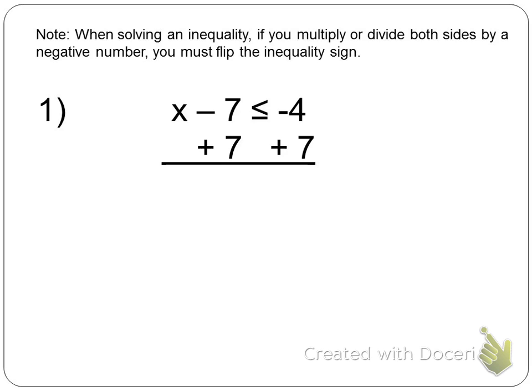Same exact thing. So, those are gone. We have x. We did not multiply or divide by a negative, so don't do anything with the symbol. Negative 4 plus 7 is 3, so x is less than or equal to 3. It is not that bad. Any questions?